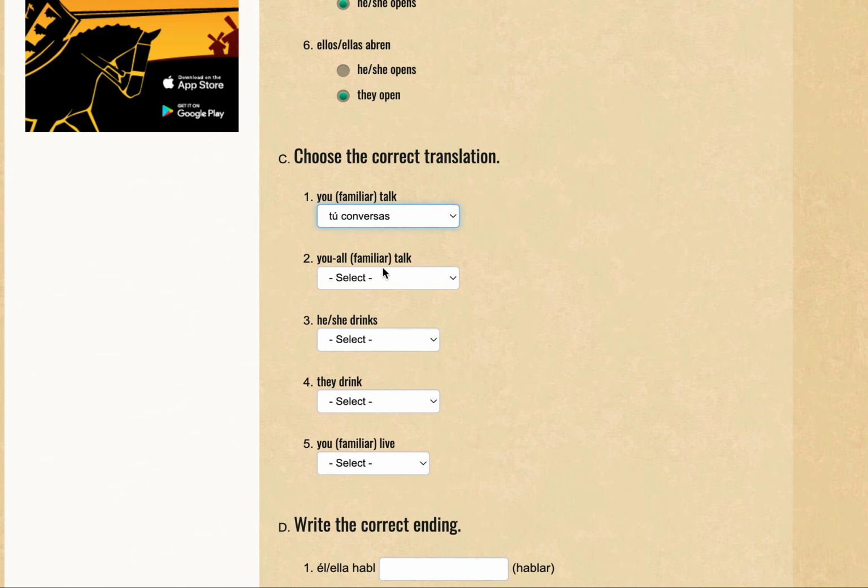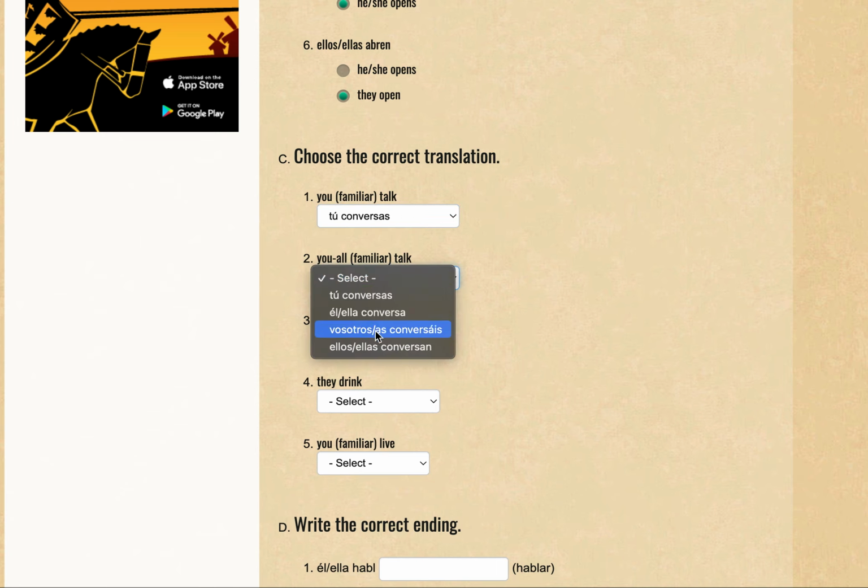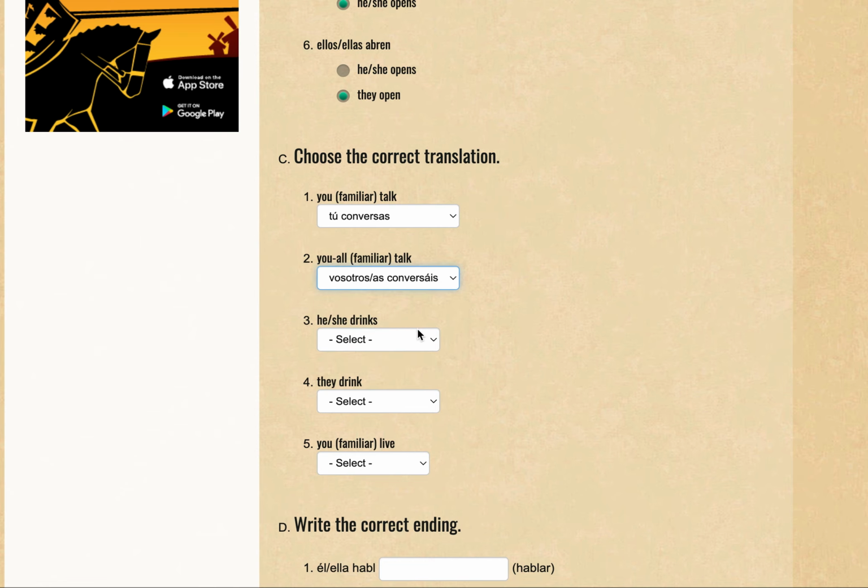And the fact that I use familiar makes it even more correct, because if it was ustedes, that would have been you all in Latin America, and that is formal. You all formal Latin America, but because it's familiar, it's vosotros, right? So vosotros converséis.